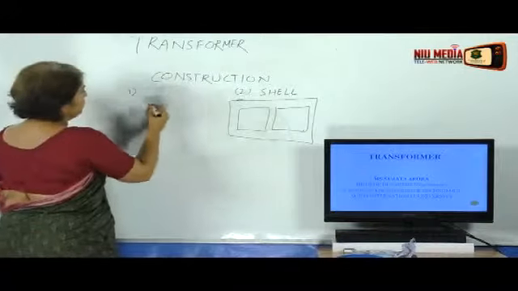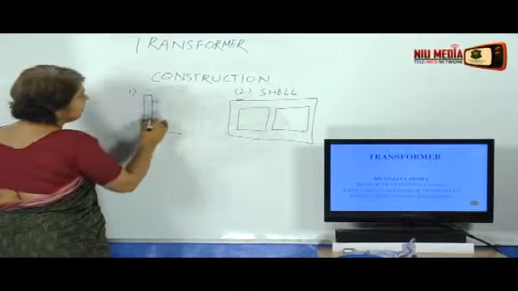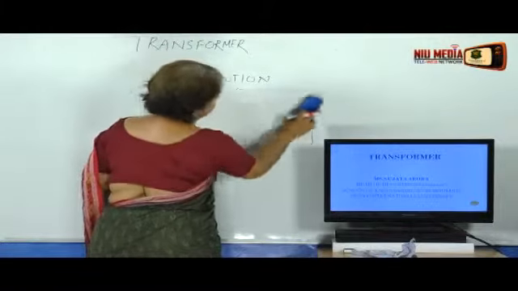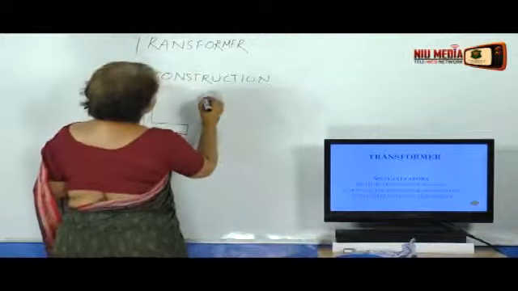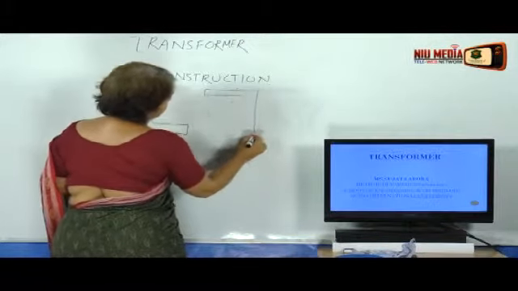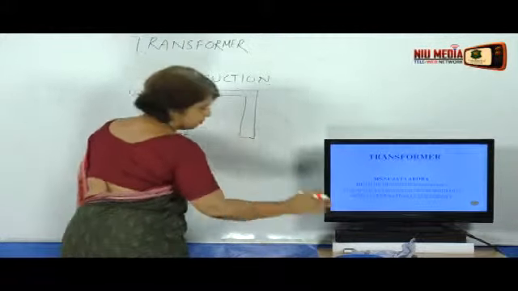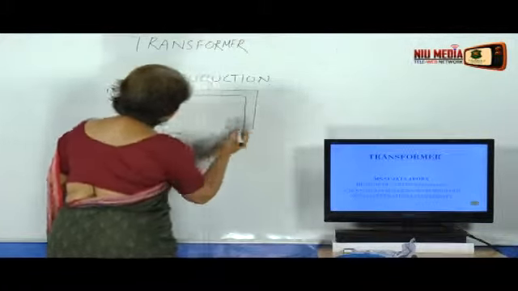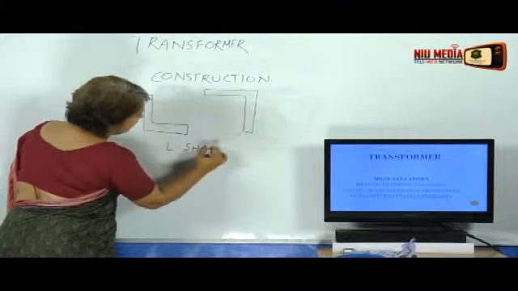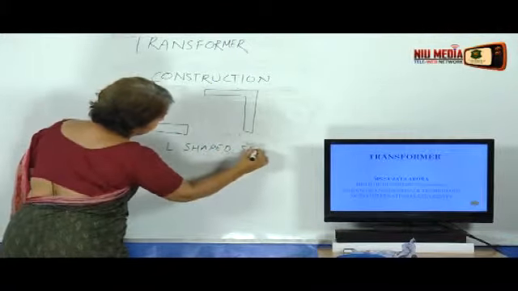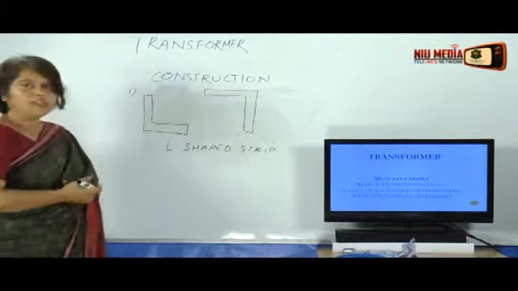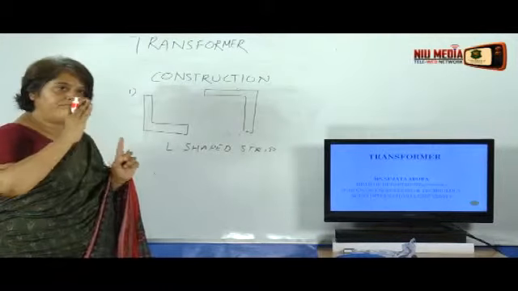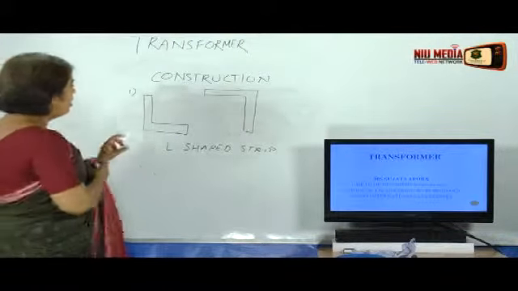This core is prepared by L-shaped strips. How do these L-shaped strips form a rectangular core?